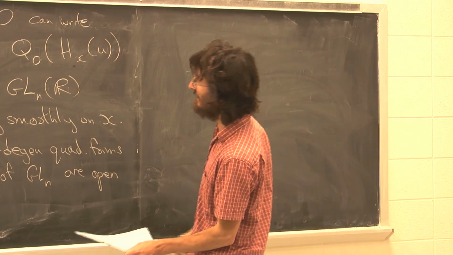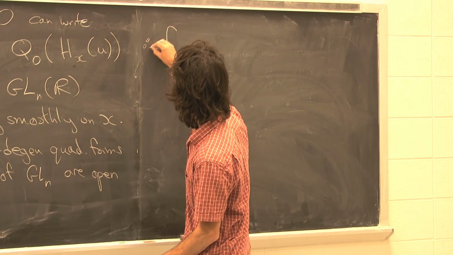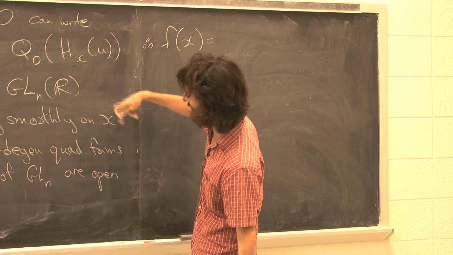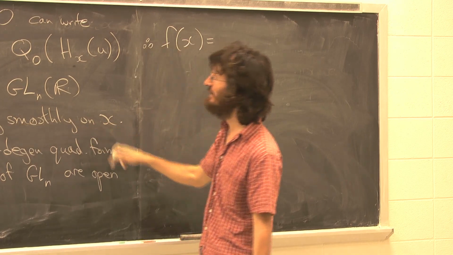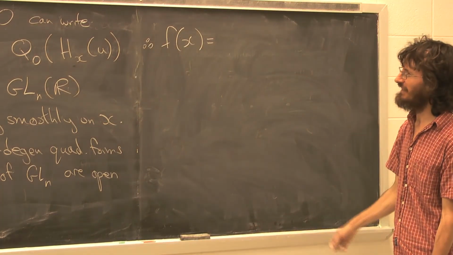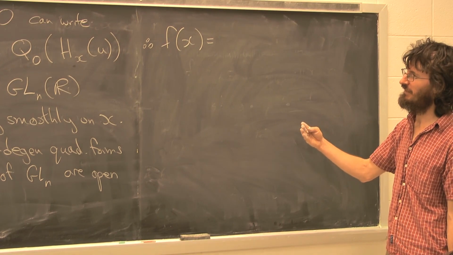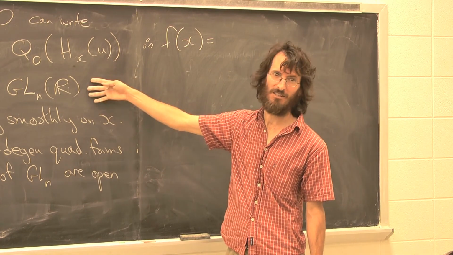So now I'll write something again that looks kind of funny. So f of x, maybe the one thing that I haven't explained to you is how you know that you can prove that it depends smoothly on x. And really, there's actually something to say here about group actions and so on.